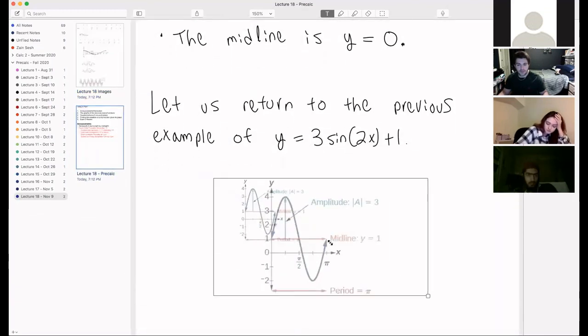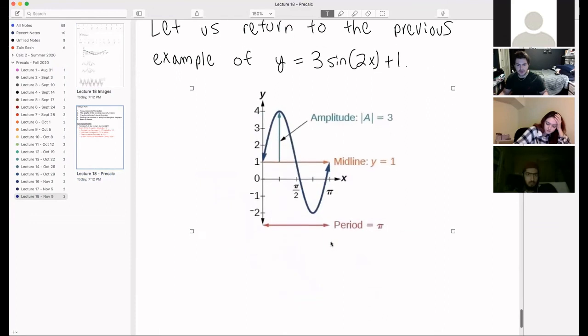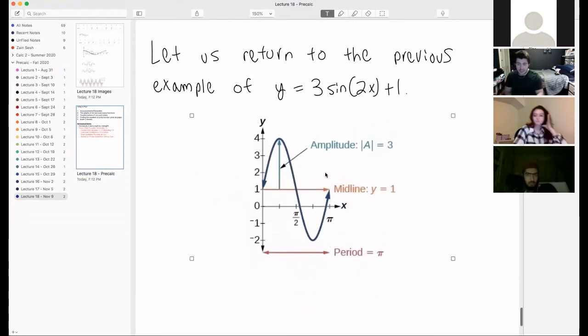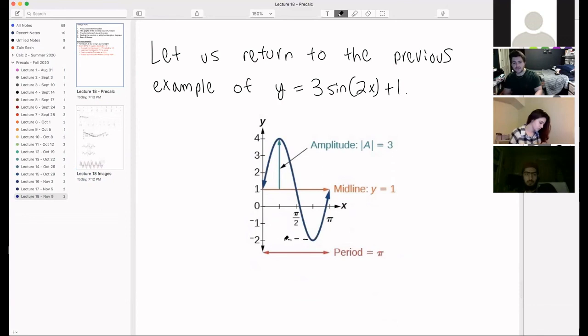Okay, what I really wanted to note here is that the midline is precisely halfway between the lowest and highest points of the graph. Look, the lowest point of the graph is y equals -2, and the highest point is y equals 4.